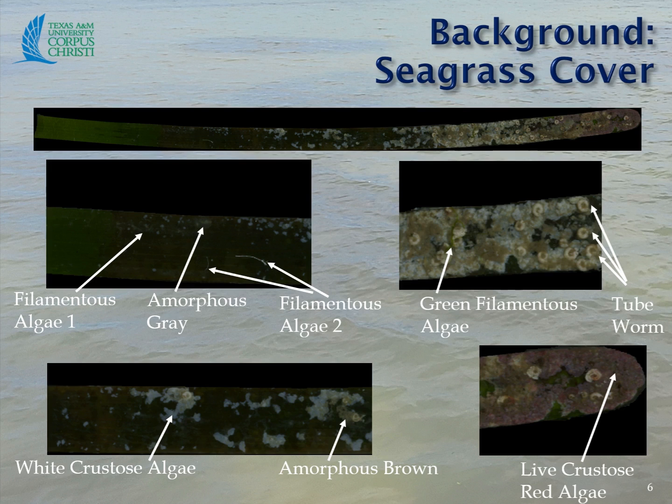Our focus is on the classification of general epiphytes, filamentous algae, tube worms, seagrass blade cover, and background. The results and products for this work include segmentation and mapping of seagrass blade images into those five classes, followed by the computation of the percent cover of these five classes.